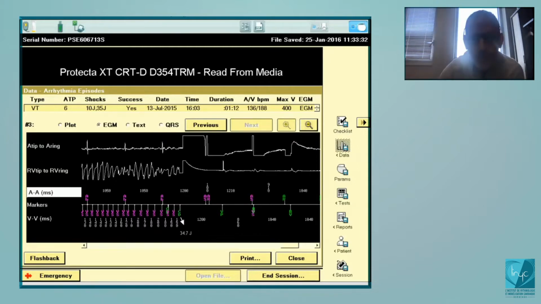And always remember that the VF that you induce with an ICD, most of the time, is very fast, much faster than any spontaneous ventricular arrhythmia. In most cases, very polymorphic. And in this case, you really need an electric shock, because if not, the patient will die. So remember, anytime you implant an ICD, you can save the life of the patient, but of course, you can also induce life-threatening arrhythmia. So I will now share my screen.